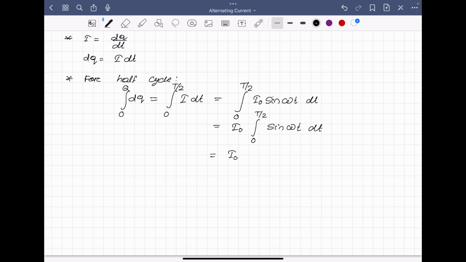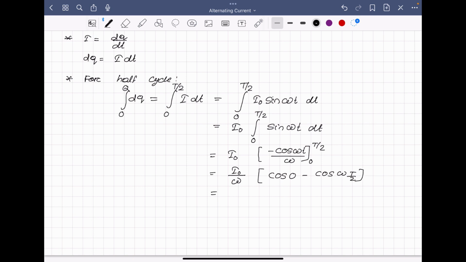I naught, the integration of sin omega t is minus cos omega t upon omega, from 0 to T by 2. This becomes I naught by omega, cos 0 minus cos omega capital T by 2.